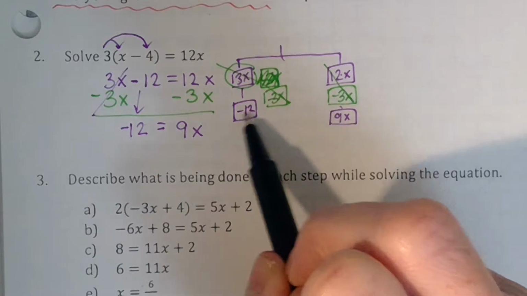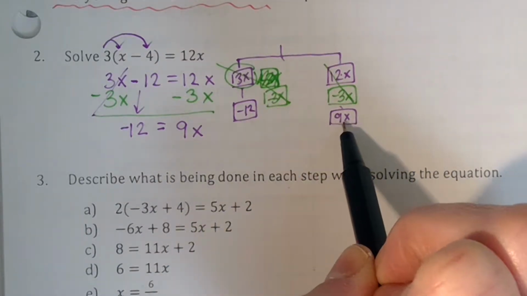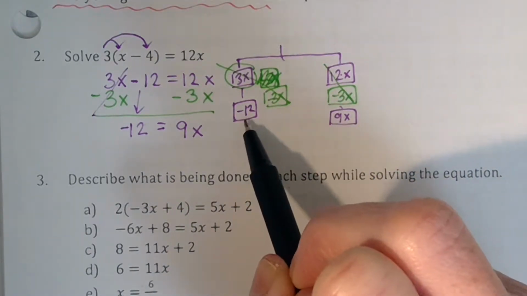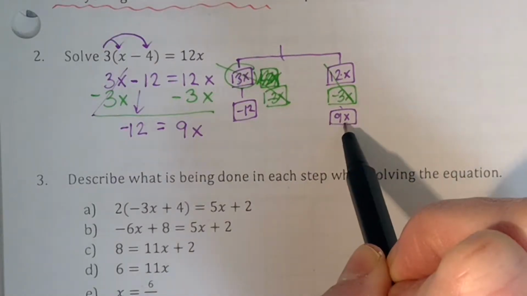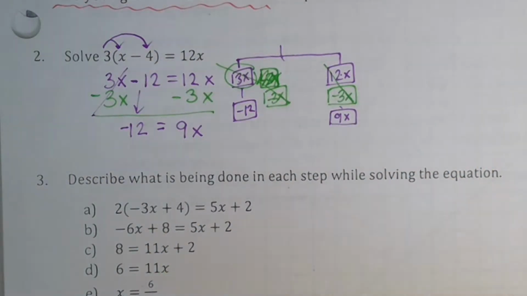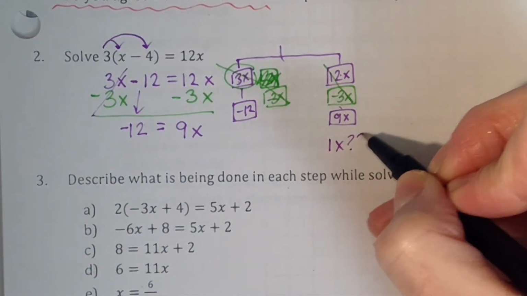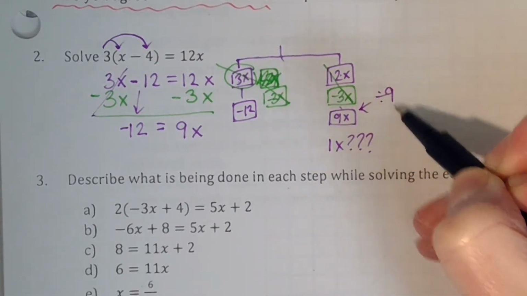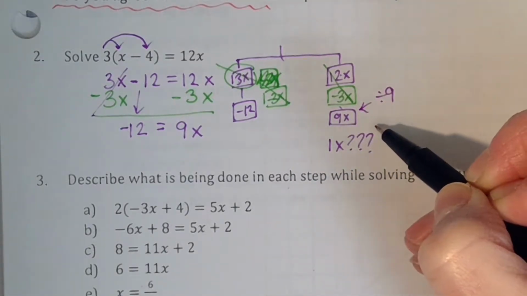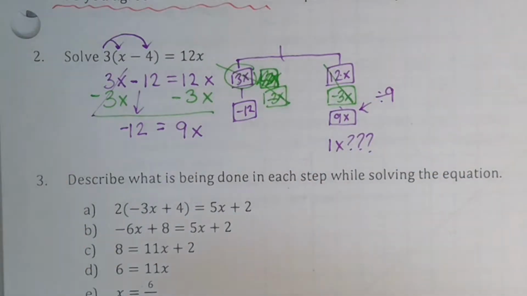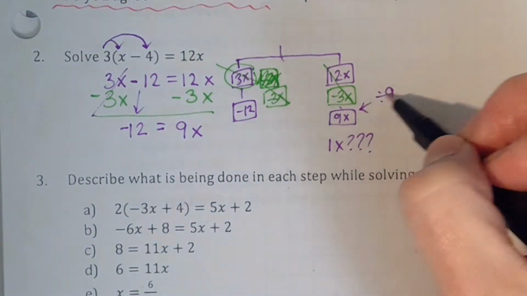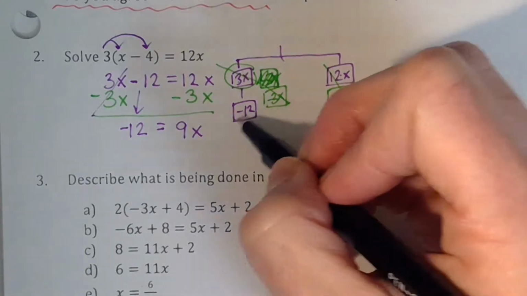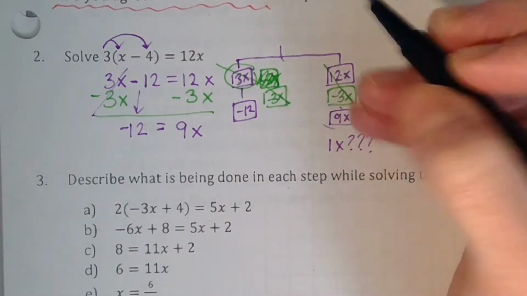So now from here, if we looked at the hanger, I have 9 x's on the right and negative 12 on the left. If 9x equals negative 12, I need to know how much 1x equals. So I've got to take my 9 x's, and if I divide them into 9 groups, I'm left with 1x, right? Well, if I divide the right side by 9, I've got to divide the left side by 9.